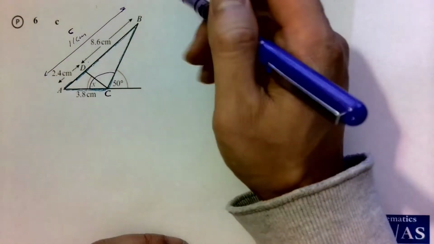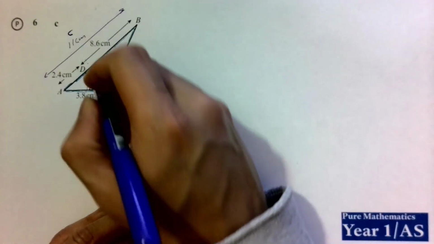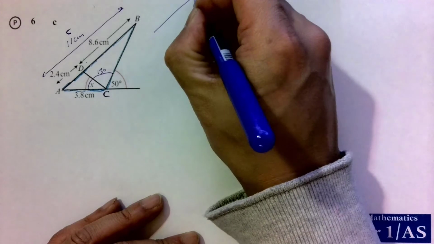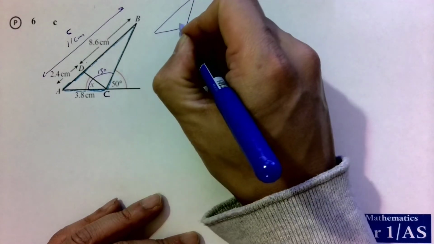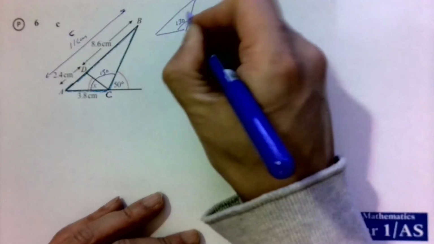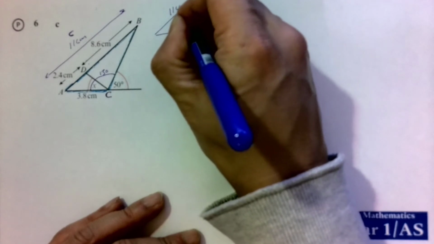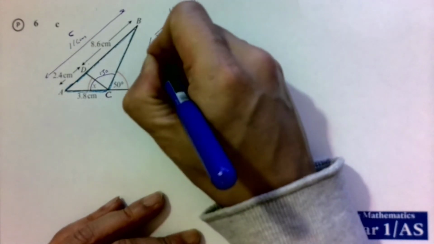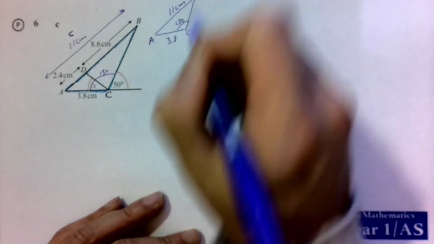So we know this angle here is 130, so perhaps easier if I just do it like this. This is 130, that's 11 centimeters. We know this is 3.8. This is C, this is A, and this is B.